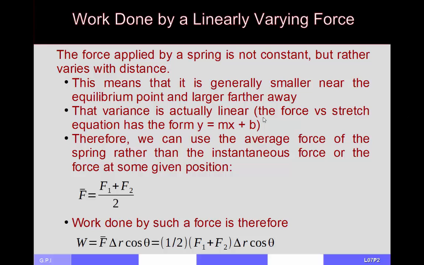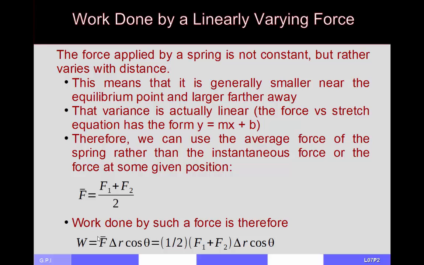So your force versus stretch equation can have the form y equals mx plus b, and what that means is that we can use the average force of the spring rather than the instantaneous force at some given position. So recall that if you want to take an average force, you just take the force at one position, take the force at another, add them together, divide by 2. Okay, that means that if you wanted to use the work done by such a force, you could use the average force times the displacement times the cosine of the angle.